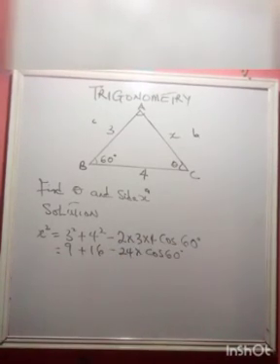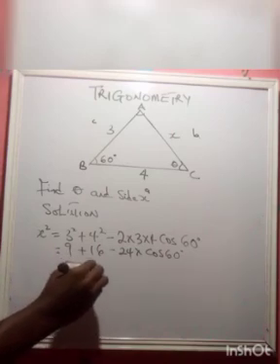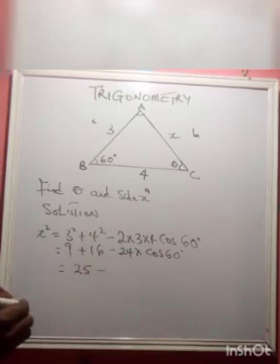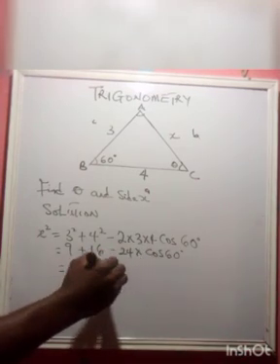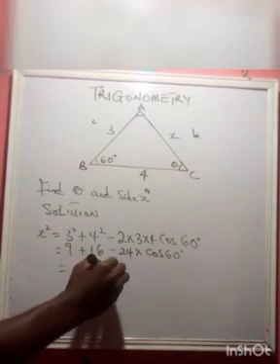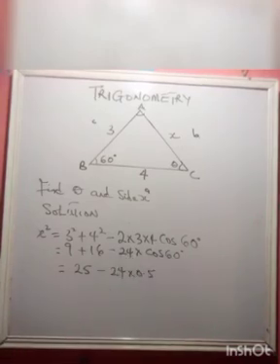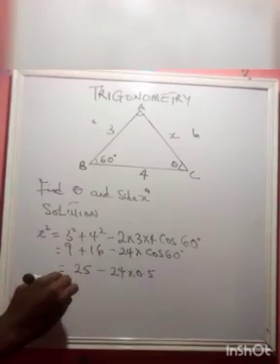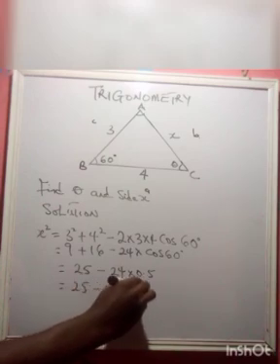If we simplify further, 9 plus 16 gives us 25, and cos 60 is 0.5, so this is minus 24 times 0.5. That will give us 25 minus 12, which is equal to 13.